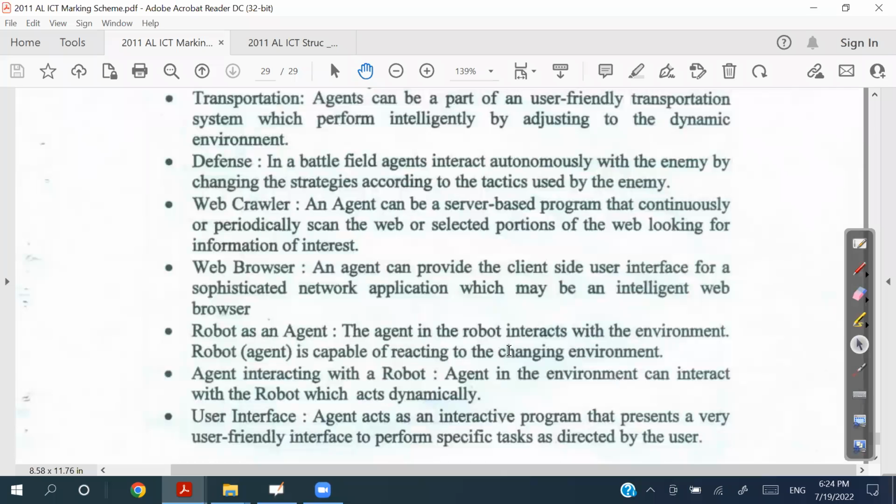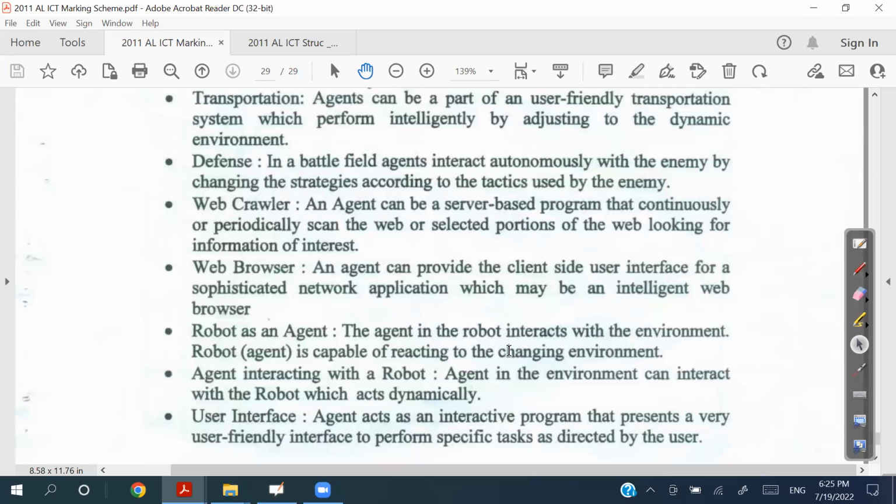It manages all its equipment according to the agent program, right? Or else you can keep that agent to interact with the robot, right? So it's a different program which interacts with the robots. It's not inside the robot, but it interacts with the robots.